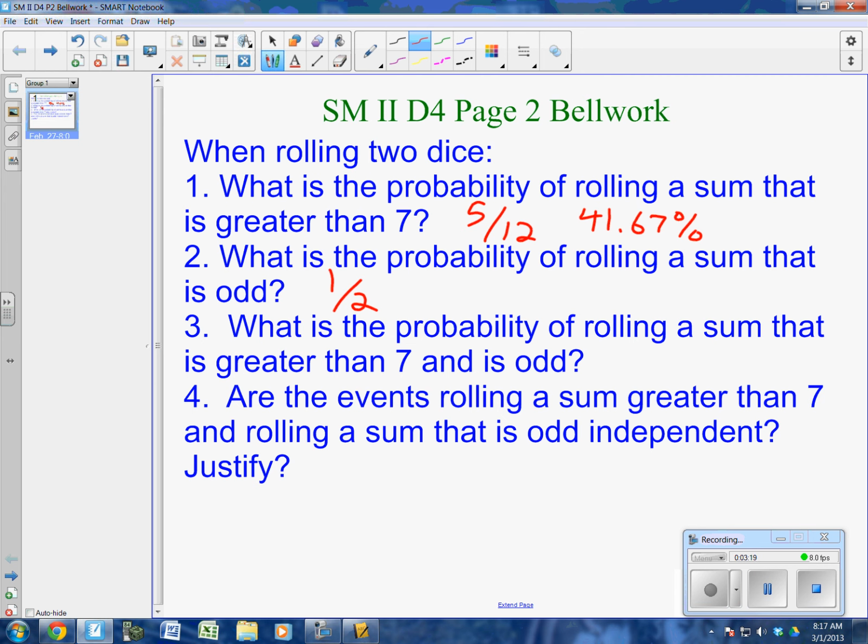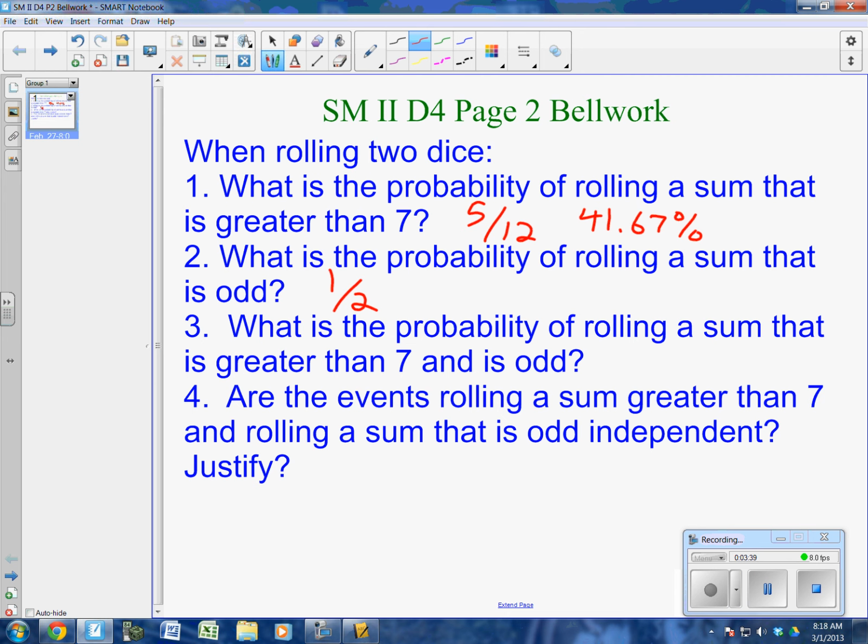How many possible outcomes are there when we roll two dice? 36. Remember the table that we've drawn in the past? Half of them are going to be odd, so it's 18 out of 36, which reduces to 1/2.